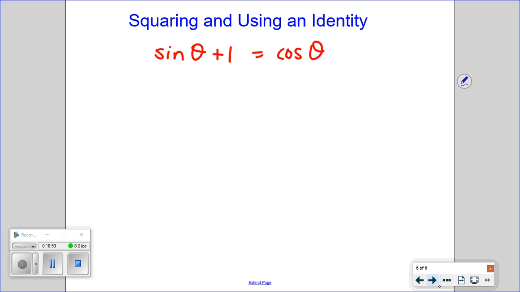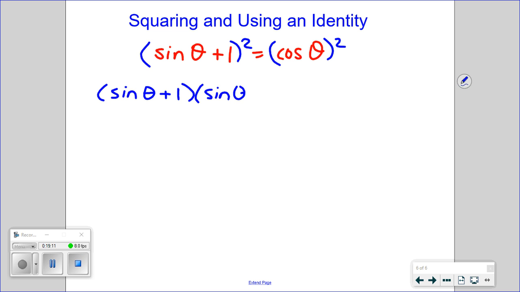So if we square both sides, now sine theta plus 1 squared, remember, means sine of theta plus 1 times itself. So we're going to have to FOIL that. Now cosine squared of theta, we can just write like this.